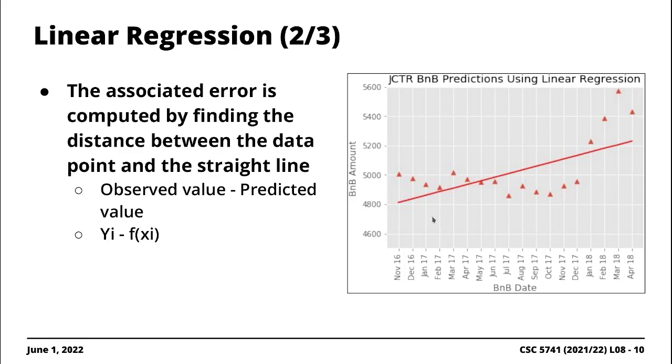Of course, depending on the type of problem that you'd be solving, this straight line may not necessarily pass through all the data points, and this is the reason why evaluating the final model becomes important.